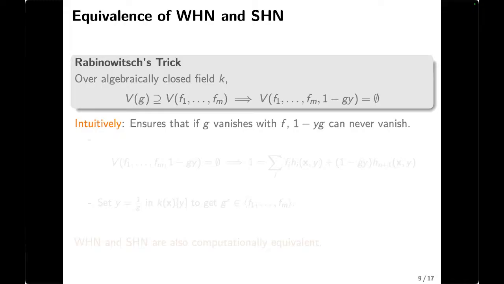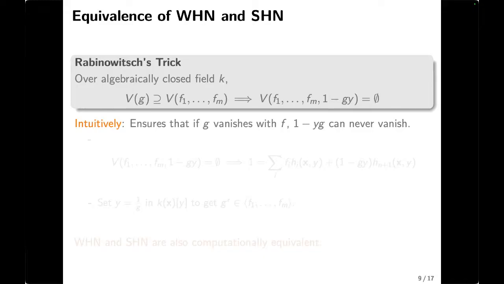Okay, so now I'm going to talk briefly about the proof techniques that we needed. I'll first begin with the classical setting, where the weak Hilbert Nullstellensatz and the strong Hilbert Nullstellensatz are known to be equivalent.